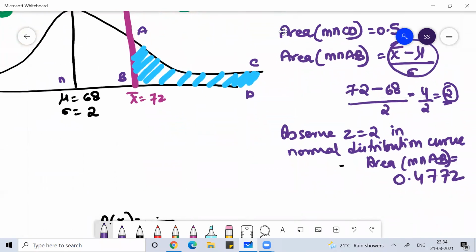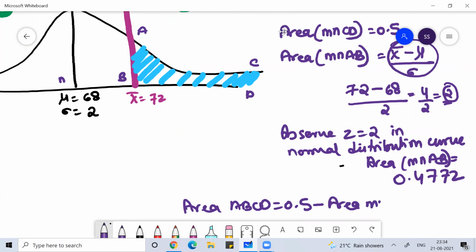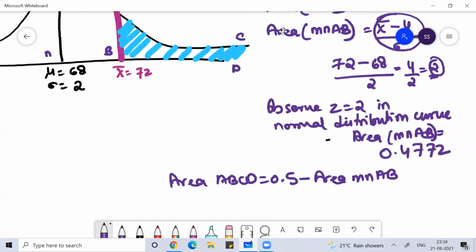So what is your area? If you are looking for the area A, B, C, D, it is basically 0.5 minus the area MNAB. Very simple. 50% of the area lies on the left hand side, 50% on the right hand side.